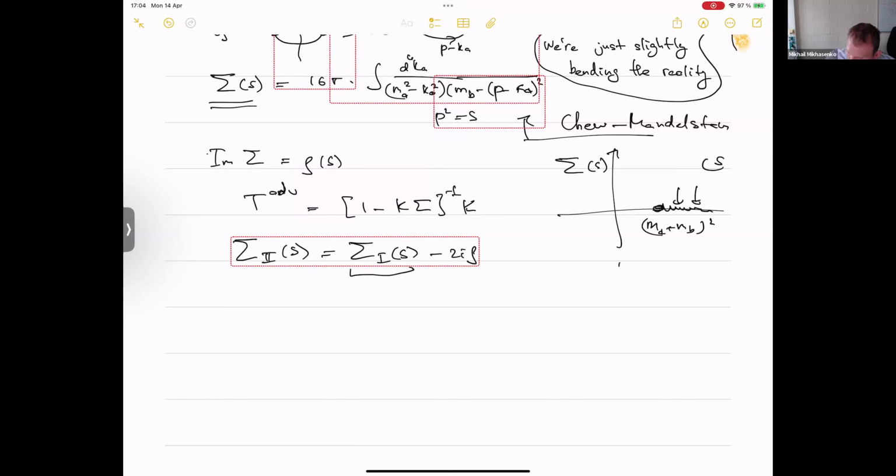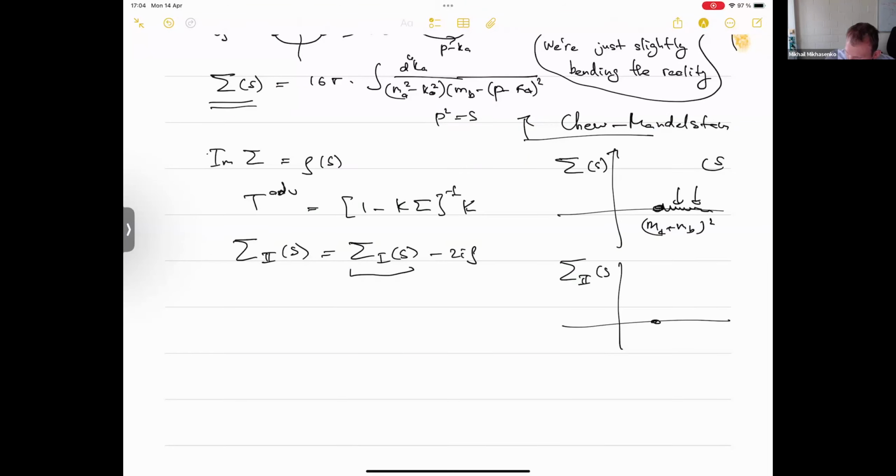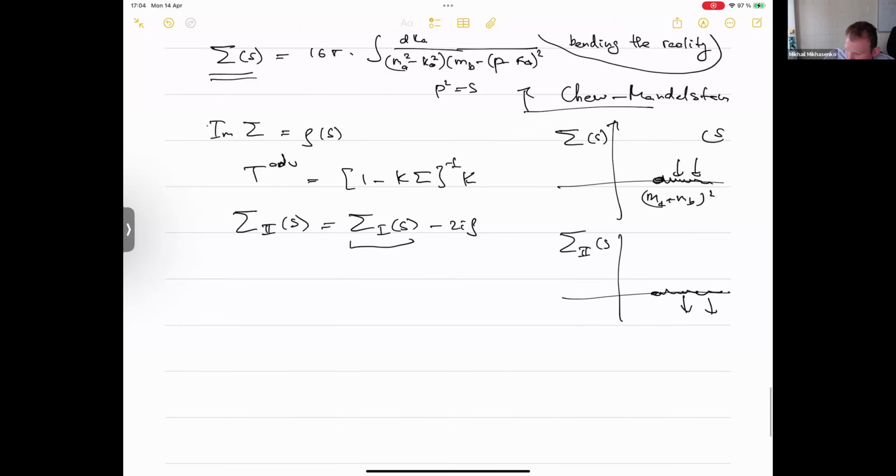And then I can come up with the sigma 2, which has a very similar structure and continues analytically, such that if I merge the two, I will have a domain of analyticity.